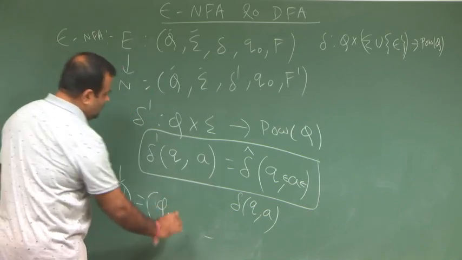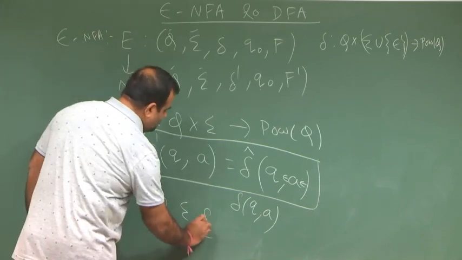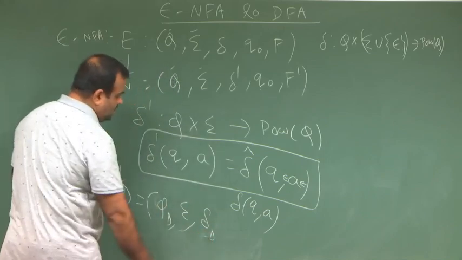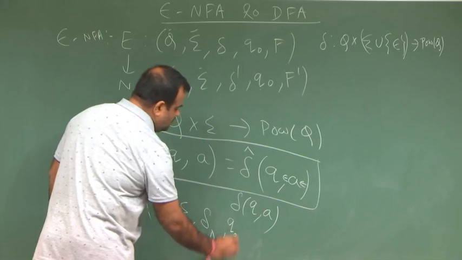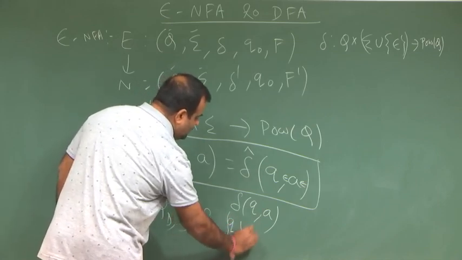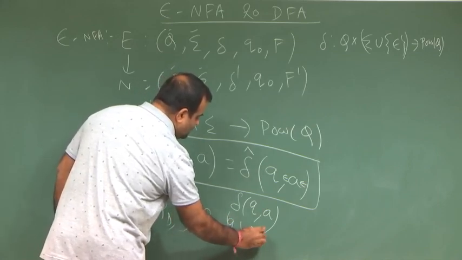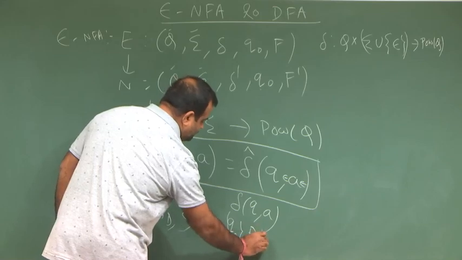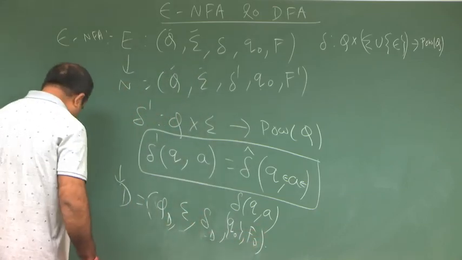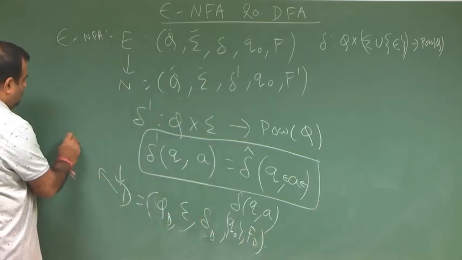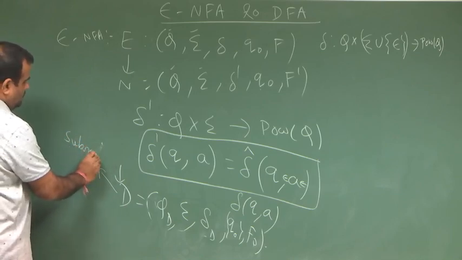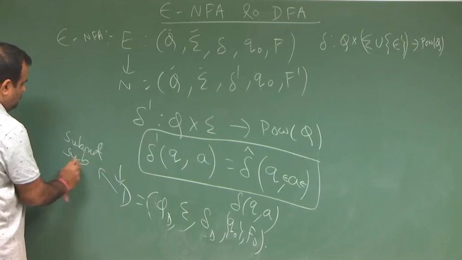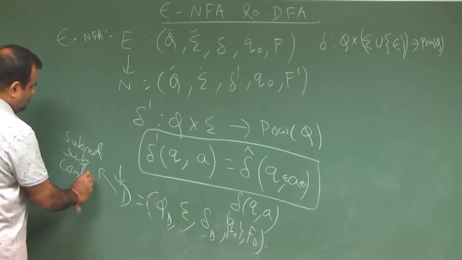Then Σ is the same, δ_D is the transition rule, q0 is this subset, and F is F_D. This is the construction called the subset construction.